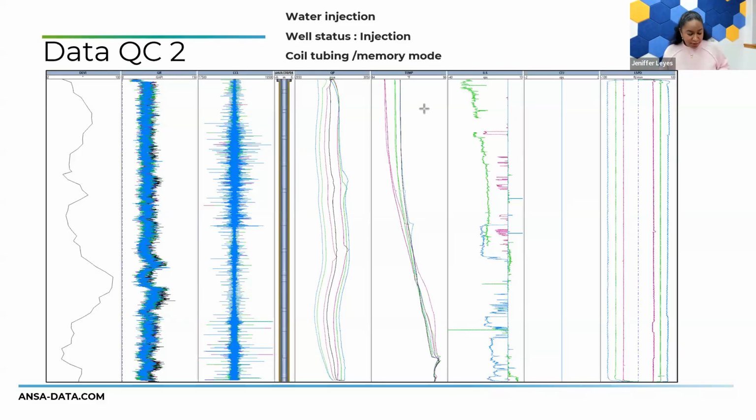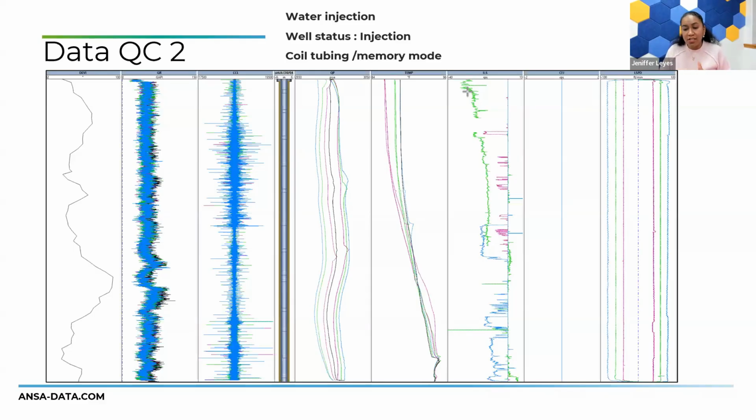For instance, let's say we are not going to be able to do a calibration because, as I said before, we need several passes and several responses for drawing a proper calibration. So perhaps what you can do is check another survey within another status.